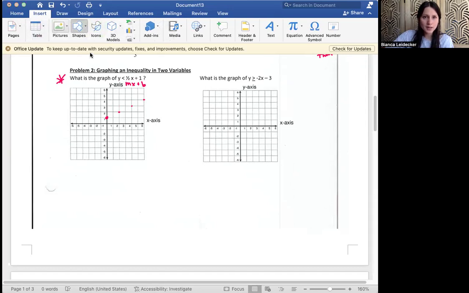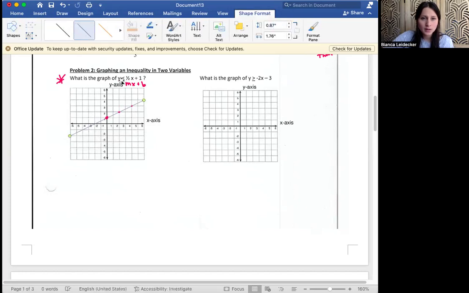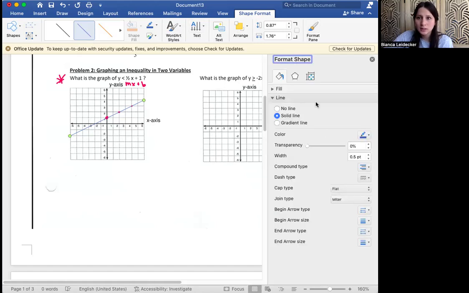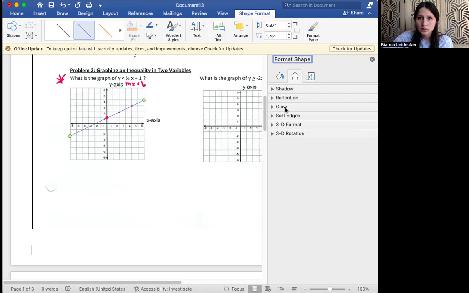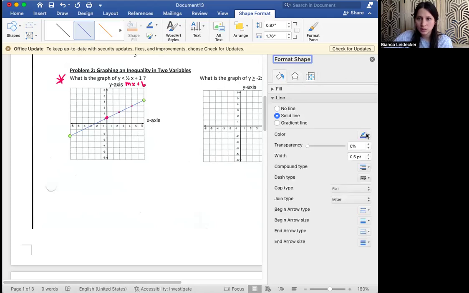Now we're going to draw this as a dotted line because it does not include the boundary; the inequality is not a greater than or equal to or less than or equal to. So if I could make this a dotted line, I would, but I'm having some trouble here with this.